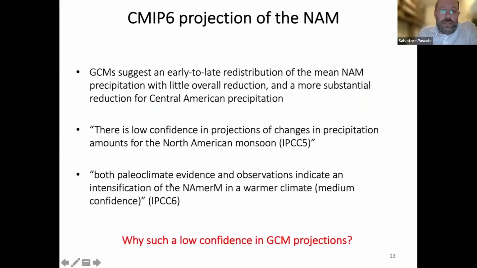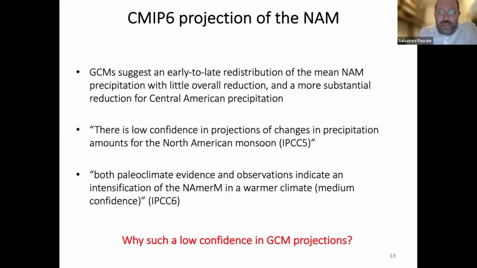So it would seem that there is not a strong confidence in these results. If you read the IPCC 5, there is low confidence in projections of changes in precipitation amounts for the North American monsoon.